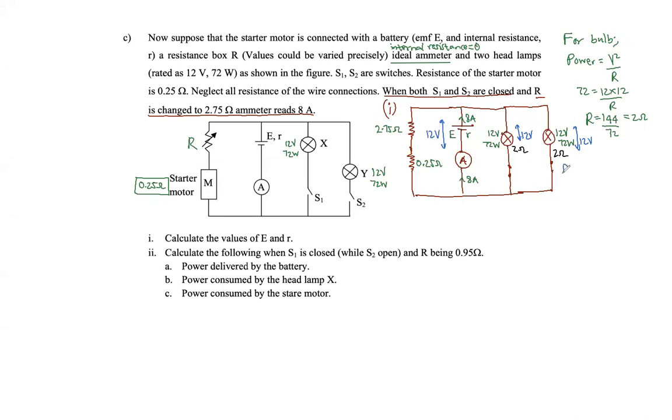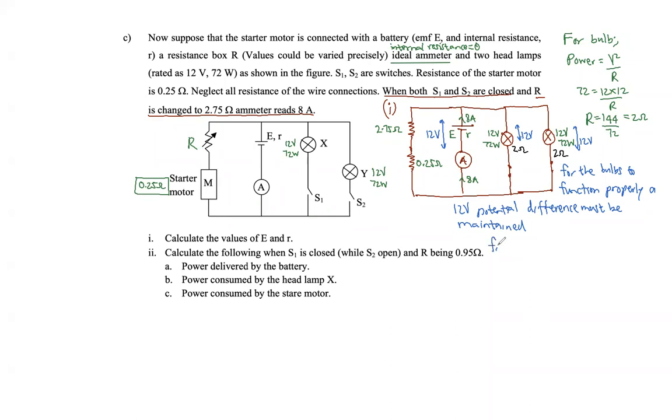For the bulbs to function properly, 12 volt potential difference must be maintained. So across the battery also we have to maintain that 12 volt.